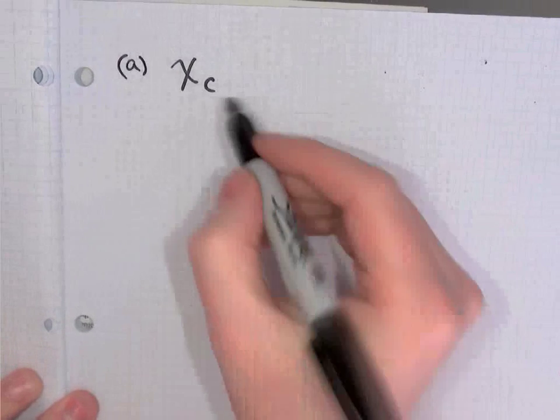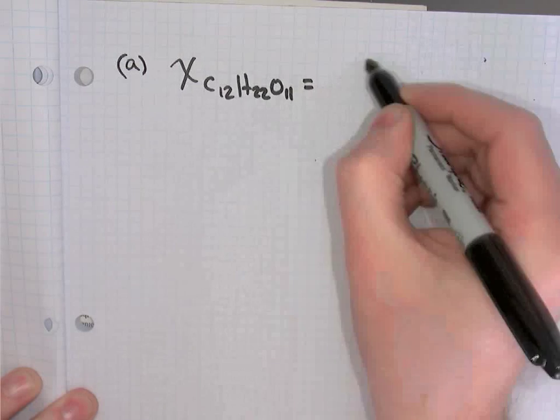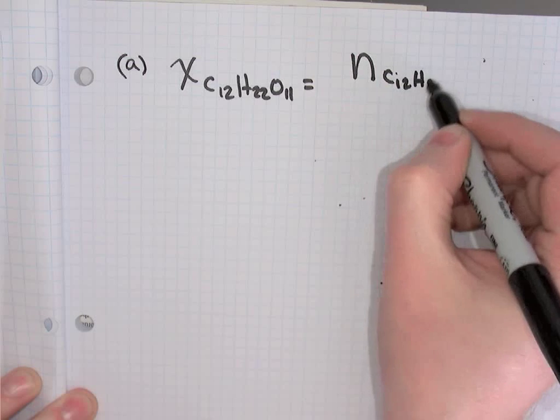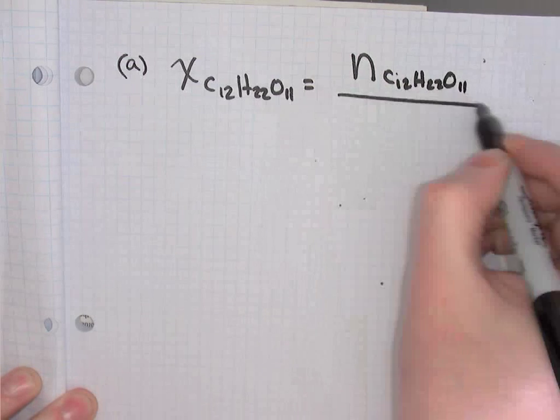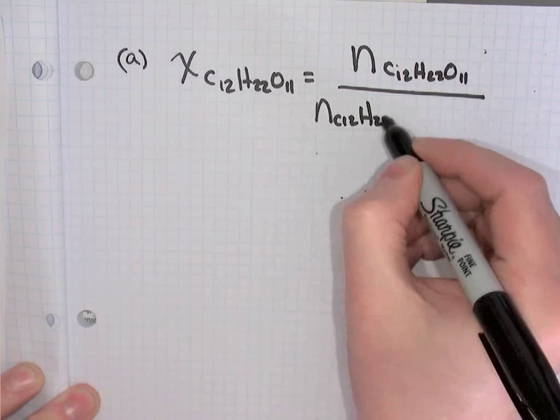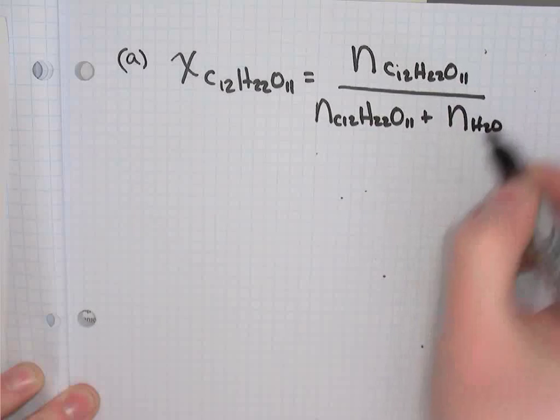So the first one, the mole fraction of the sucrose, mole fraction of C12H22O11, the moles of sucrose over the total moles. So the moles of sucrose plus the moles of the water.